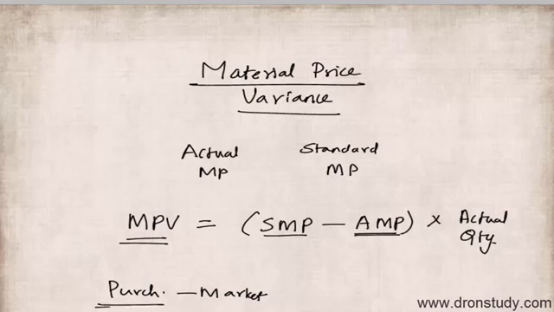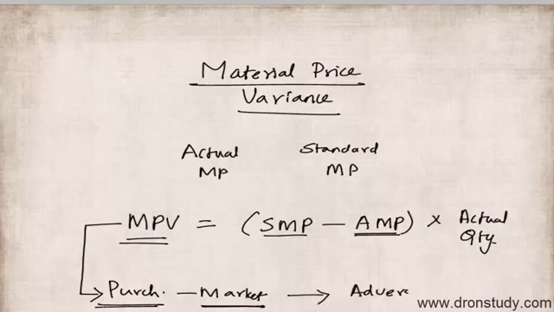So when there is a material price variance, automatically the question goes to purchase department, because they are responsible for purchasing the product from the market, and if there is an adverse variance and if those variances could have been controlled, then this department will be held responsible for such an adverse variance in the performance.